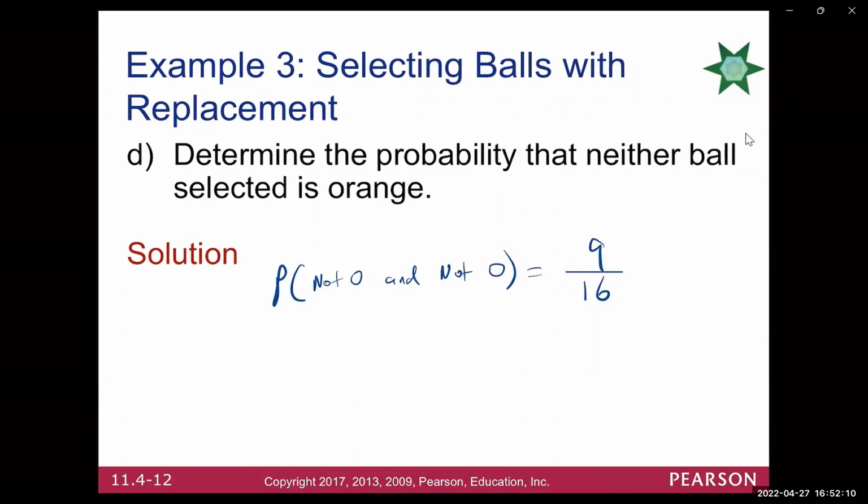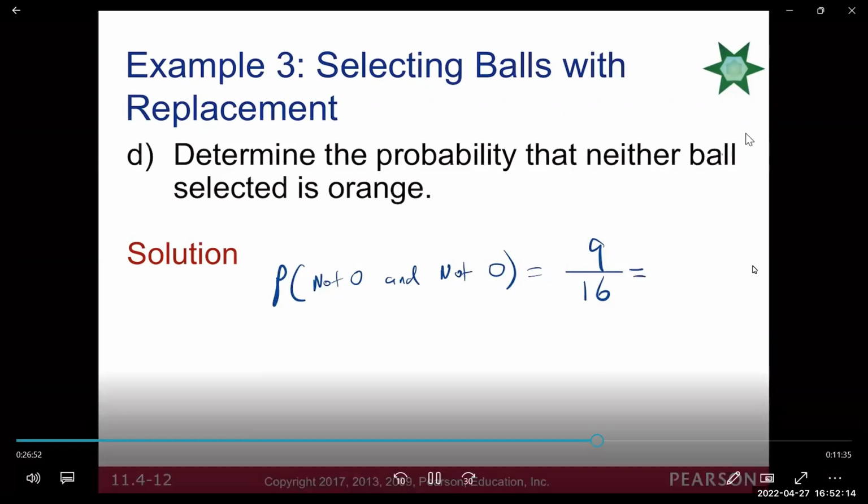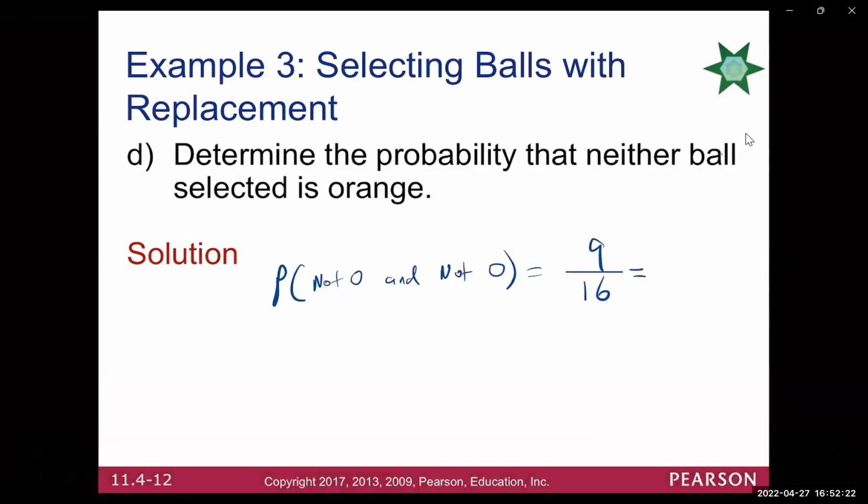What do you get? I am getting 0.5625, which if you convert to a percent, you move the decimal 2 spaces to the right, which would be 56.25%.